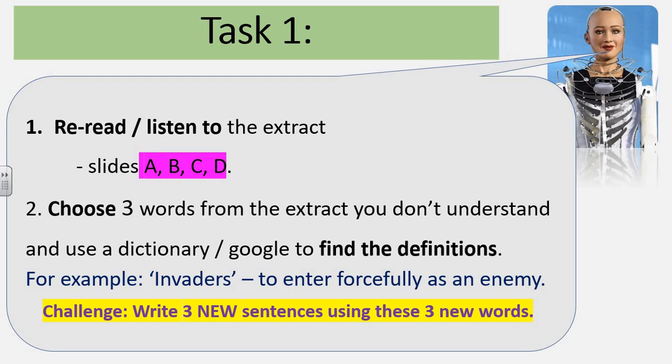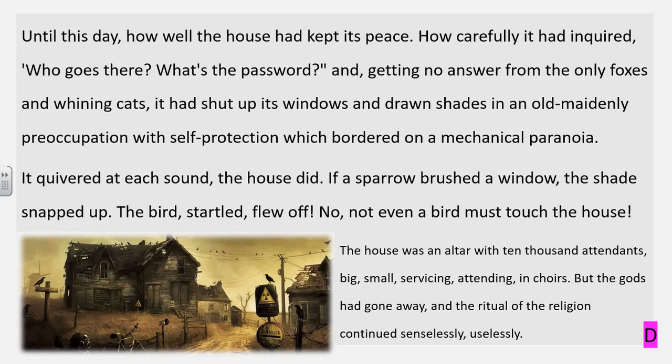If you understood all of them, maybe just use 3 more complex words and write down some sentences for that. So we've got a good word here, which I said wrongly as I was reading, preoccupation. So that's a really nice word. Maybe you could come up with some sentences for that one.